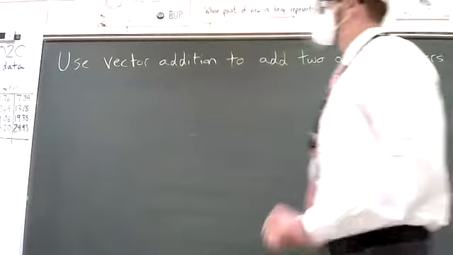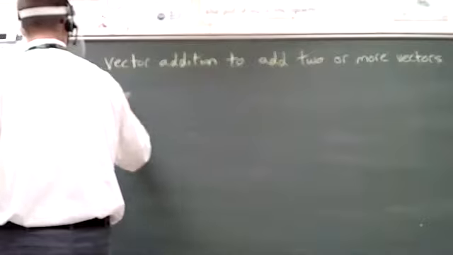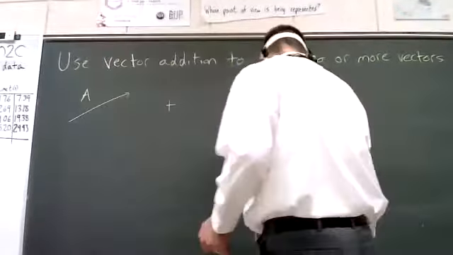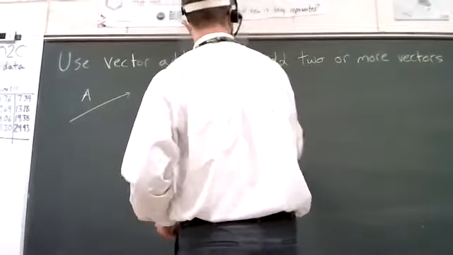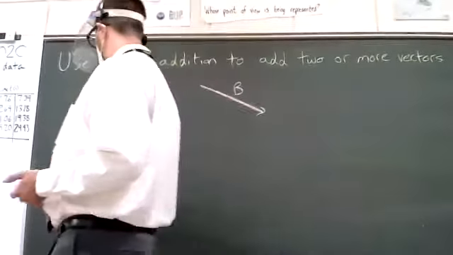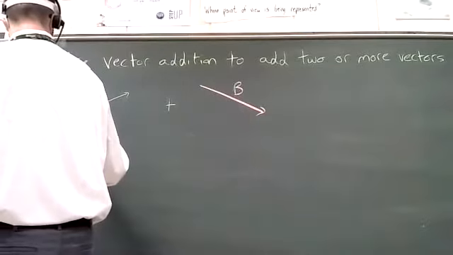So vector addition. If we've got some vector A, and we add some vector B, the rule is, there's really 2 ways to do it, okay?